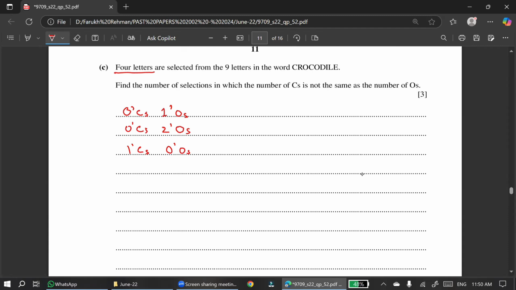Now we will select one C. We cannot select one O, so two O's.